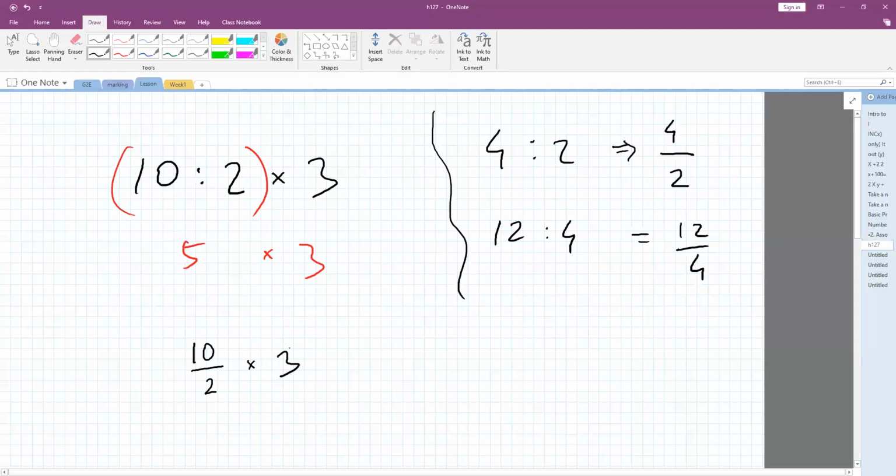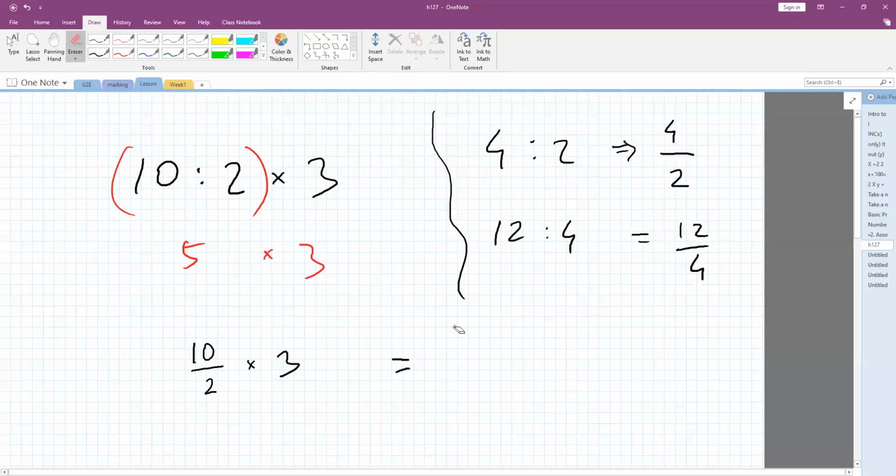What you did before, yeah, you divide directly 10 divided by 2, which gives us 5, right? Yeah, and then times 3. But now if you look at this one, where you have 10 on 2 times 3. So this is actually the same as 10 multiplied by, sorry.